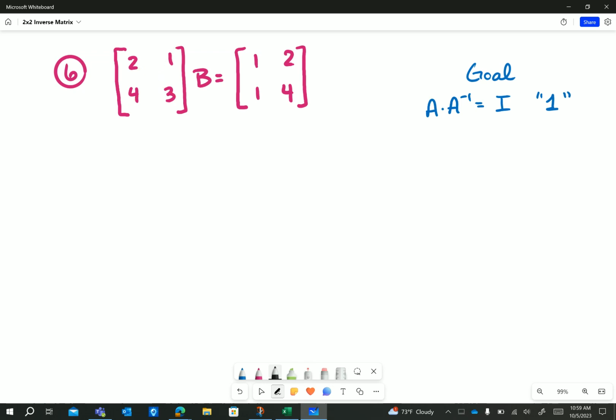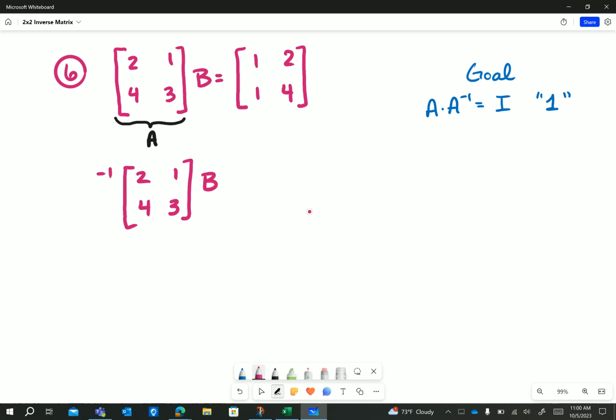So let's pretend that this here is matrix A. This matrix right here, 2, 4, 1, 3, is right next to the B matrix.